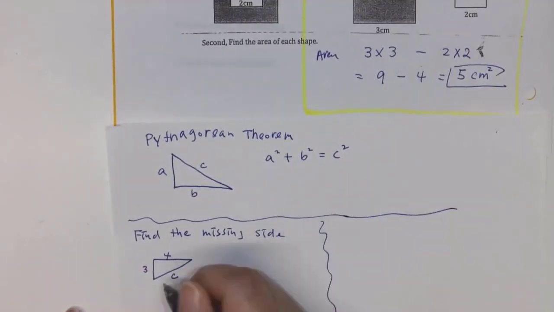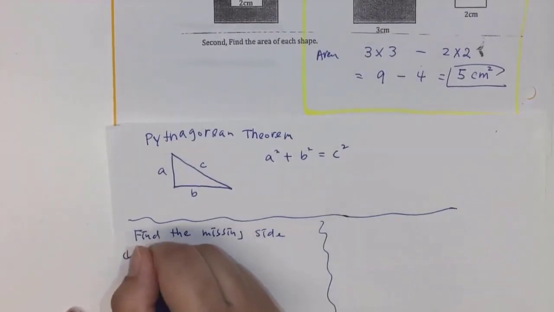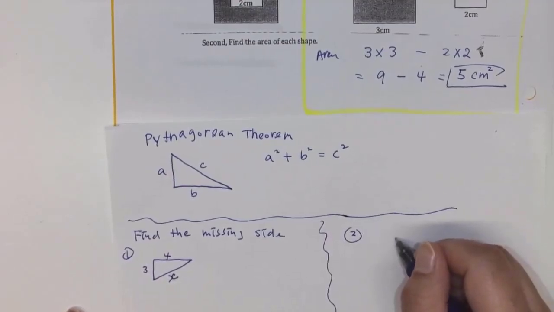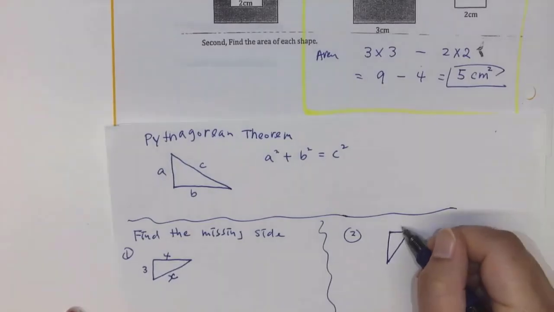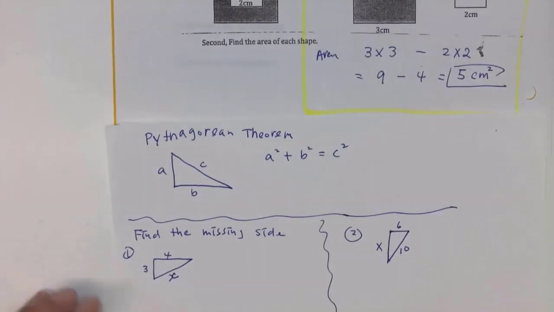I don't want to say C because it will give it away. And then the second one I have, cannot read my handwriting. Let's do it like that. I have 6 and this is 10 and I don't know this one. Okay.